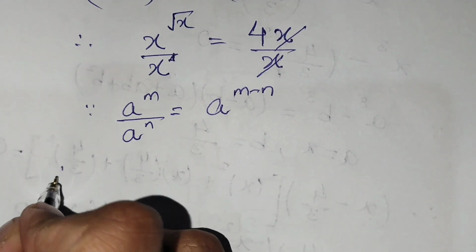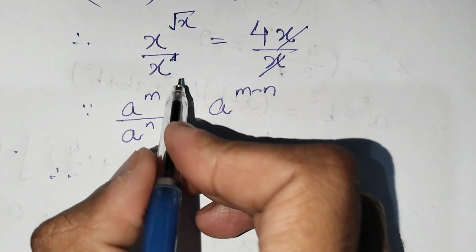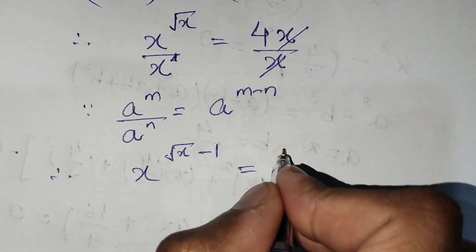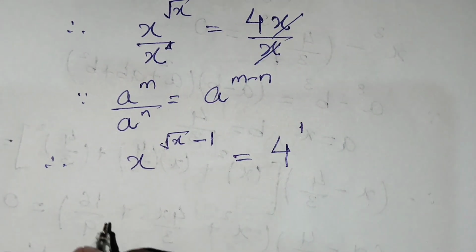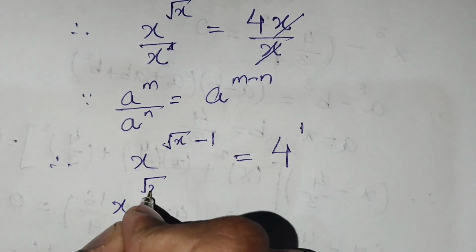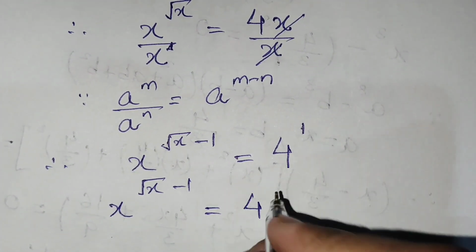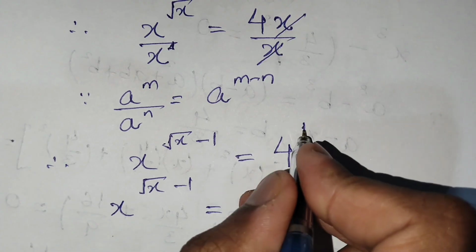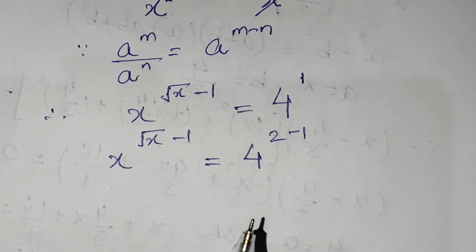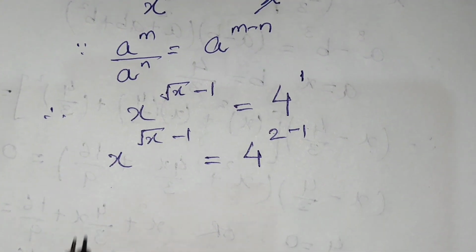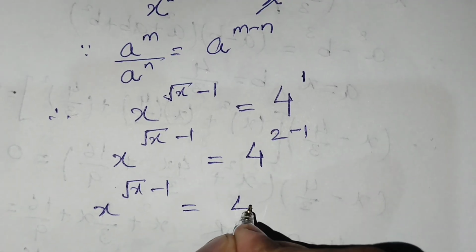So it will be x power square root of x minus 1 is equal to 4. We can write this 1 as 2 minus 1, because 2 minus 1 is 1. We are doing this because we will equate the base and exponent in the next steps.